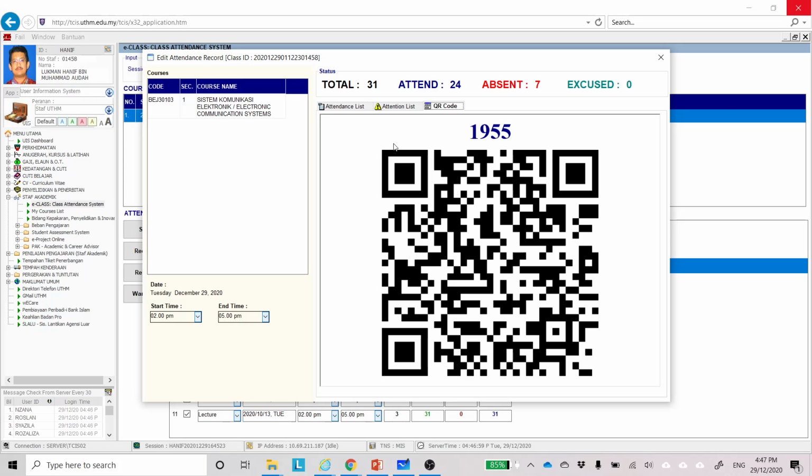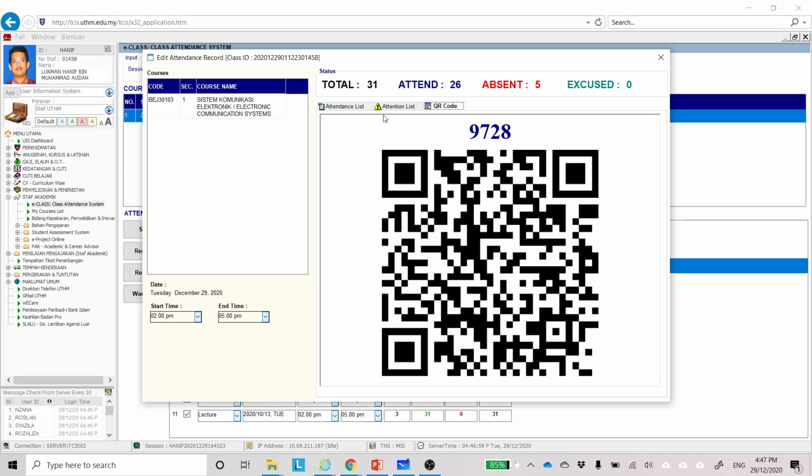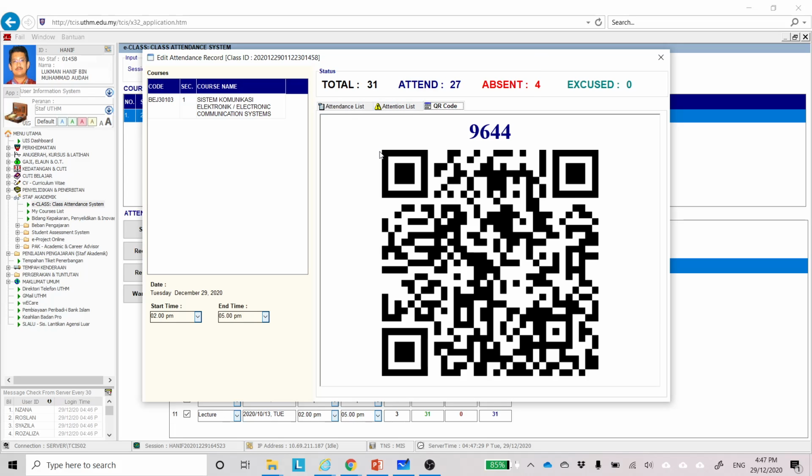Okay. Mana lagi 7 orang belum scan? Siapa lagi tak dapat scan attendance? Lagi 4 orang siapa?